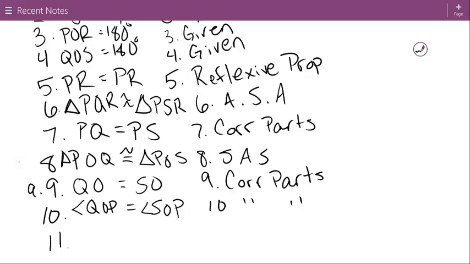okay, since we had straight lines and that was given to us up at the beginning, we know that angle QOP and angle SOP are equal. Sorry, we're going to write it differently. PR is perpendicular to QS because if two intersecting lines are coming in with equivalent angles, again, the supplementary angles have to be 180.